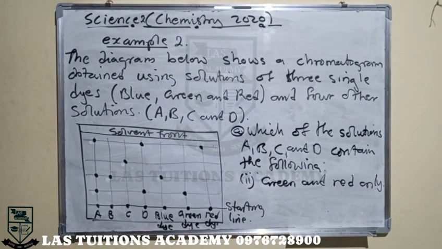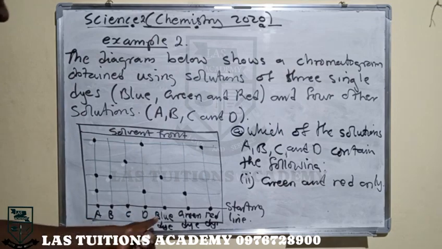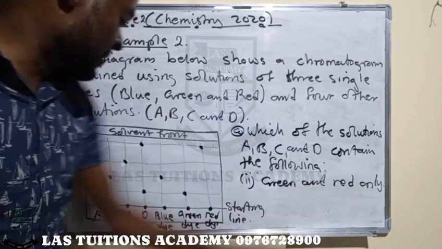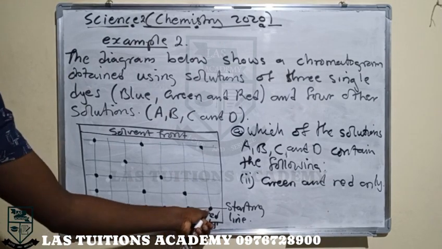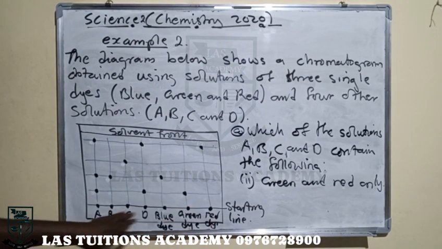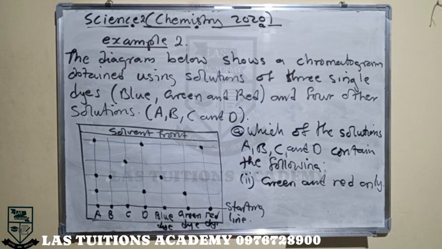If I were to ask anyone to pick it up from there, who can tell us quickly between A, B, C, and D, which solution here contains green and red only? Just quickly, anyone? Just within a second.